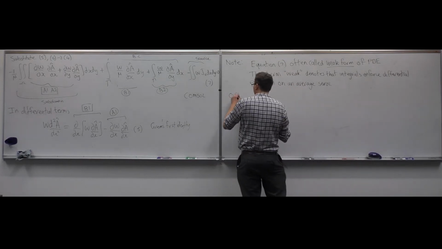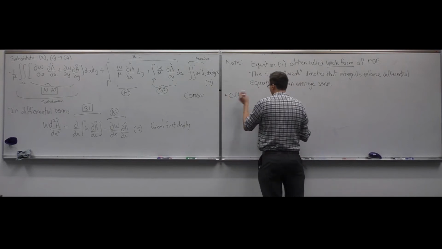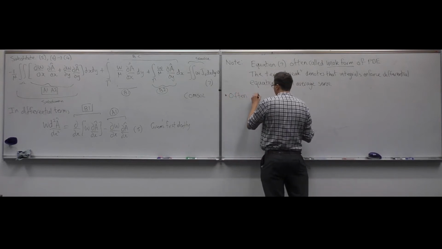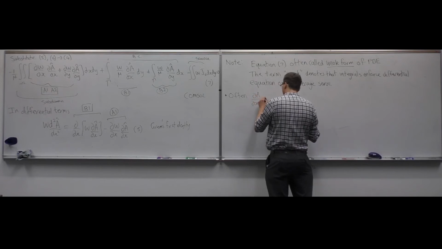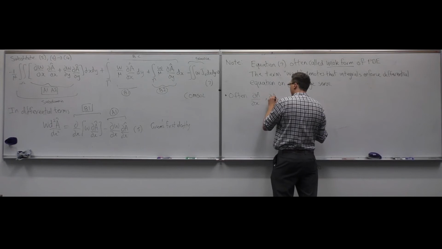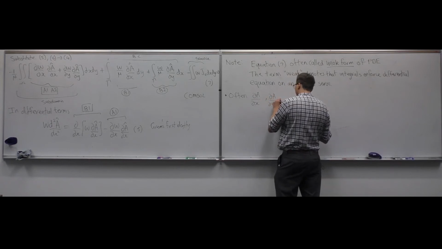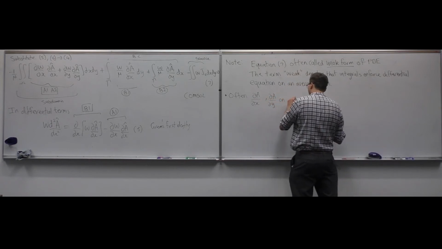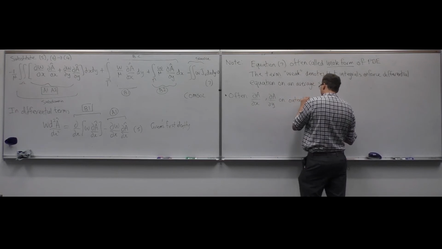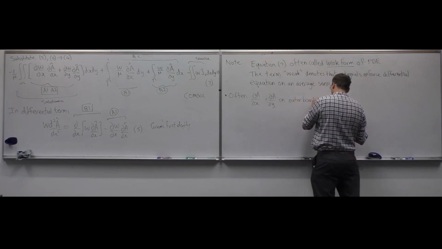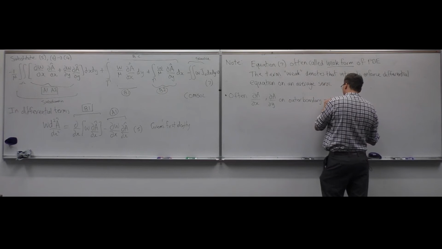Now, another point which we're going to use, and I'm being a bit generalistic here, but often the derivatives del A/del x and del A/del y on the outer boundary are set to 0.